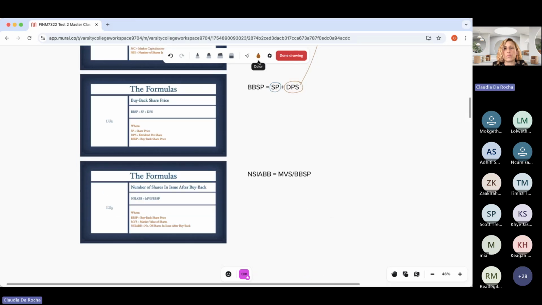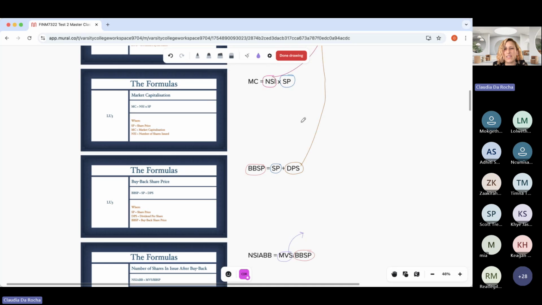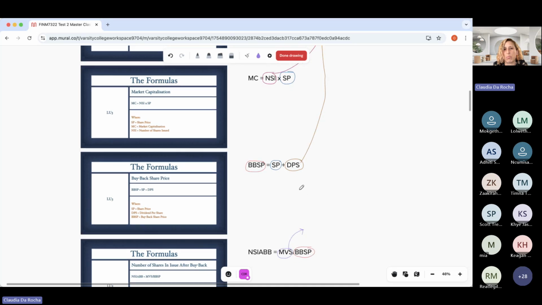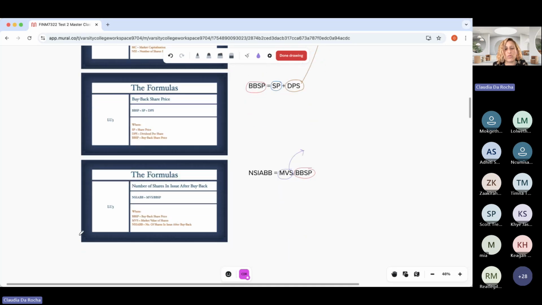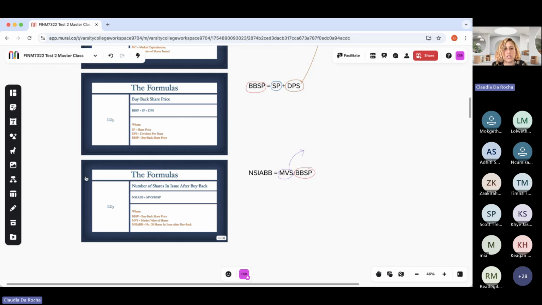So you've got your buyback share price, which again, these formulas interlink, right? And then you have your market value of shares. Okay, and when I say market value of shares, in essence, it's basically your market cap, actually, because it's the number of shares times your share price, literally.